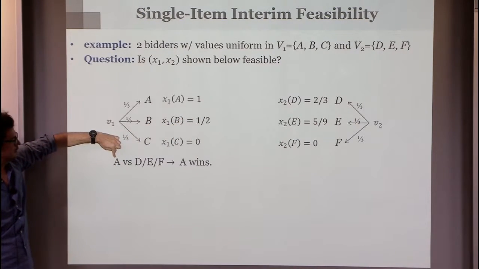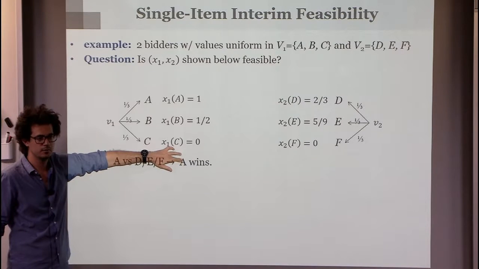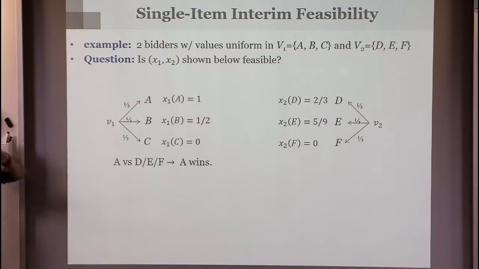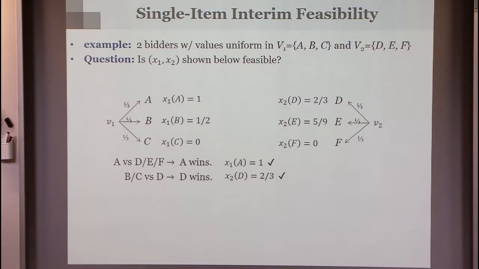Whenever the reports are A and anything, A has to win. Now, if I make this assumption, and I'm forced to make it, then there is a suspicious 2/3 over there. D has already consumed 1/3 probability against an A, so we better give him the item against B and C. So whenever the reports are B and C versus D, D has to get the item. And now we make this constraint satisfied. Okay, so these two are happy.